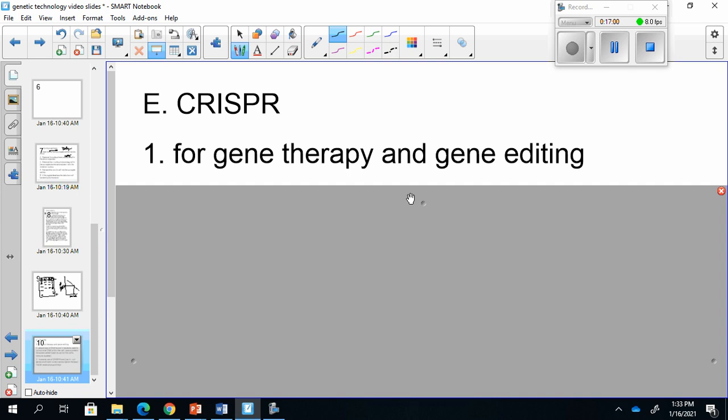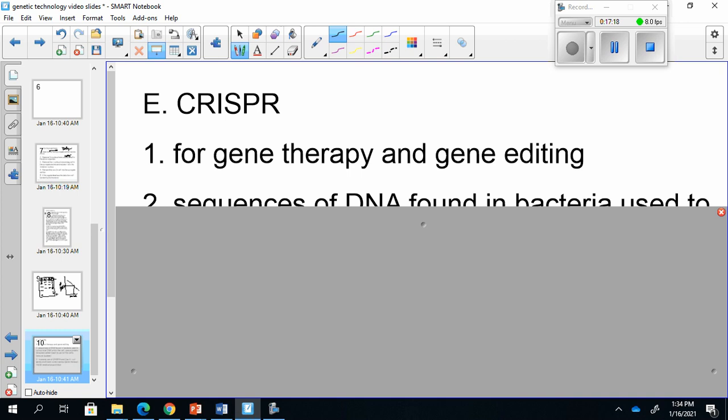So it's for gene therapy and for gene editing. Let's say you inherited a genetic disorder, like cystic fibrosis or something. This could potentially be a way of cutting out the cystic fibrosis gene and replacing it with a good gene. So really just cool technology, cool stuff.